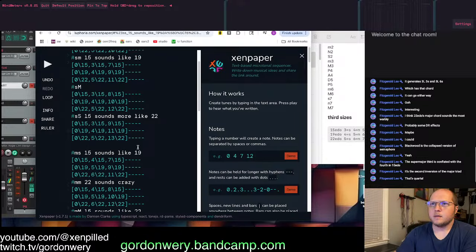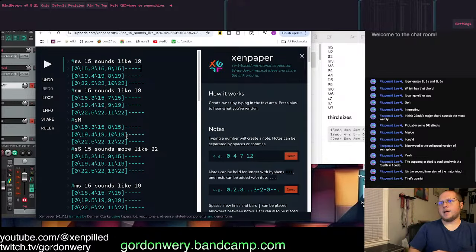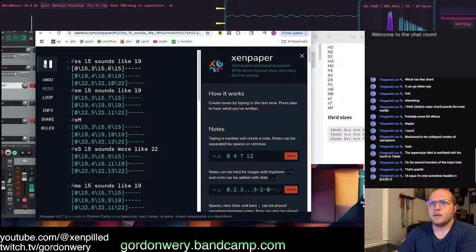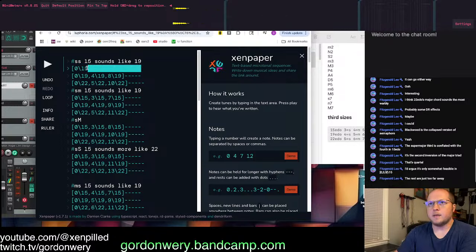But maybe not every configuration would be a useful triad. Like I don't know about this. I feel like this is a tone cluster. I mean, it doesn't hurt to give it a name, but I don't imagine myself using this and thinking of it as a triad.